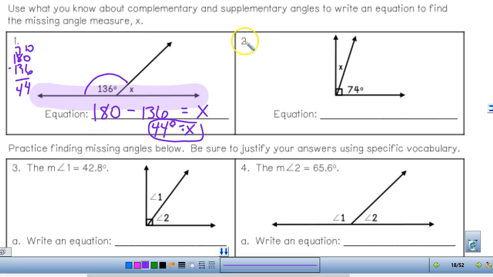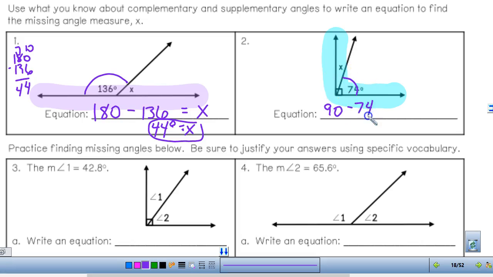If I look at example 2, this time I don't have a straight line. This time I actually have a 90-degree angle. So we would say that these are complementary. And complementary angles, whenever you've got the box right here in the corner, means 90 degrees. So we know that this entire angle is 90 degrees. The entire piece is 90 degrees, and we know that this small part of it right here is 74 degrees.